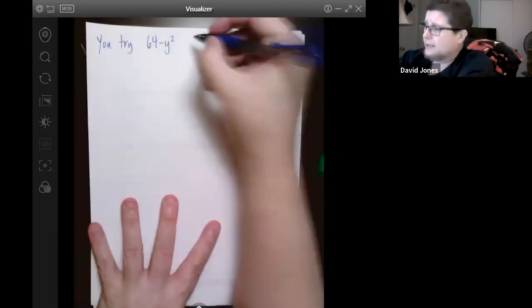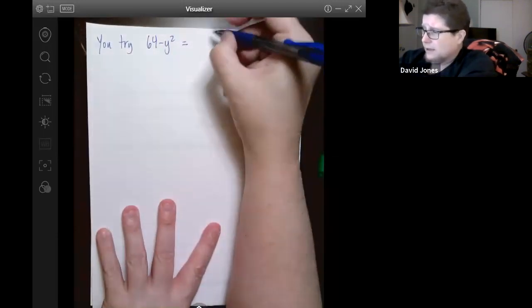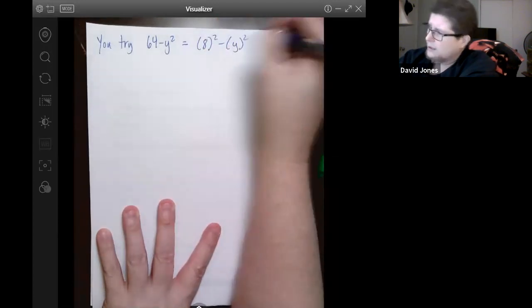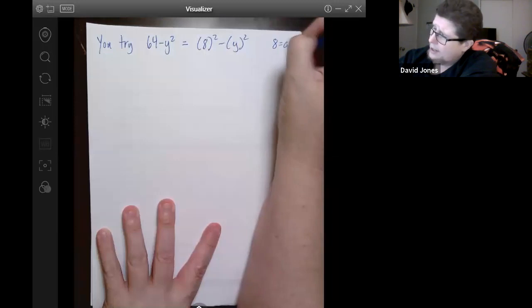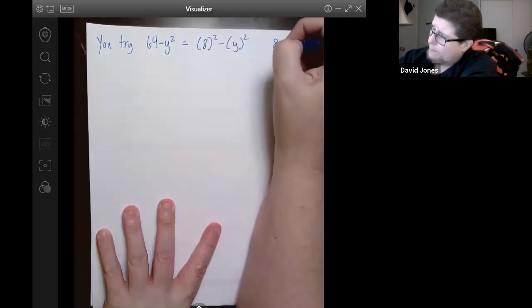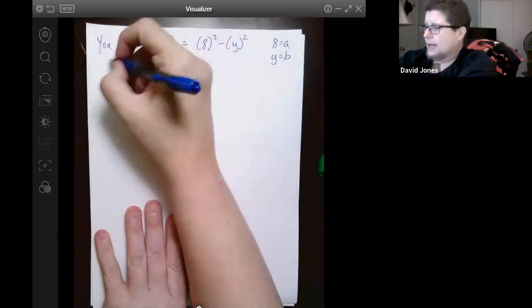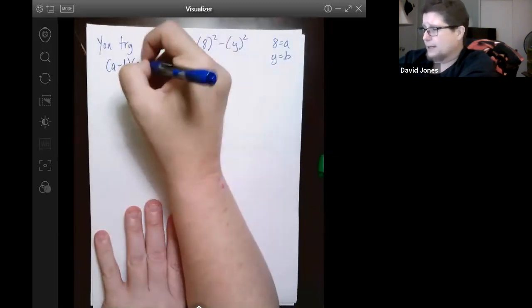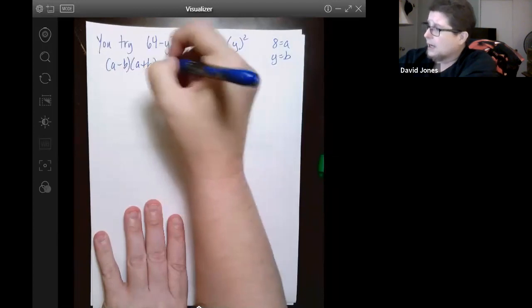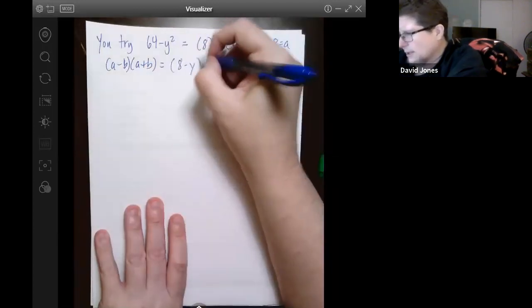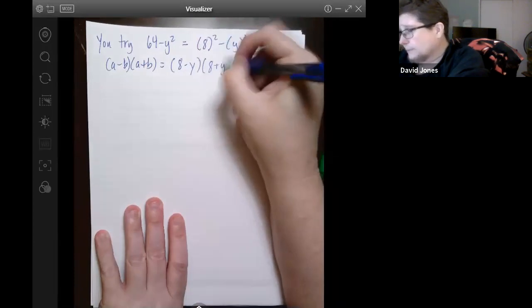If you paused it, this is in the form 8 squared minus y squared. So 8 equals a, and y equals b. And if I want a minus b, a plus b, I've got to do 8 minus y and 8 plus y.